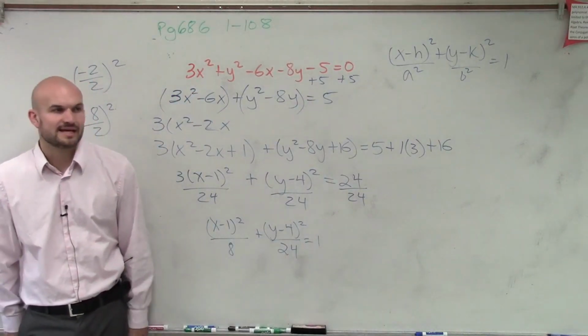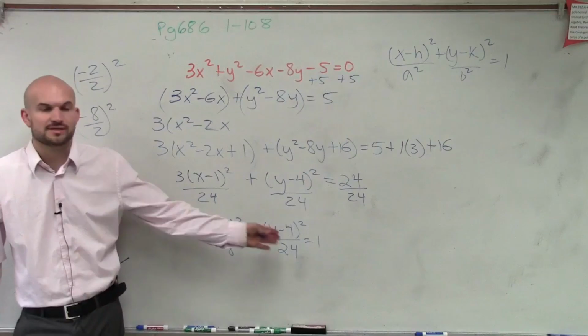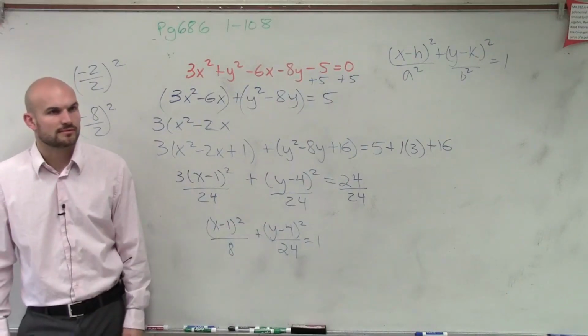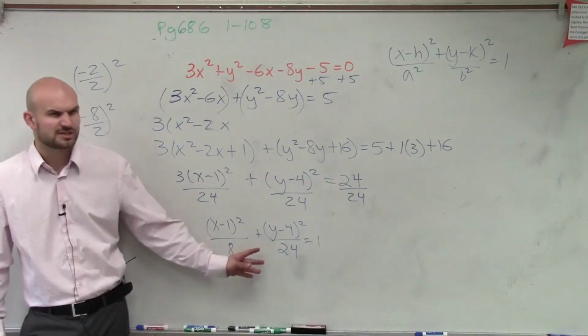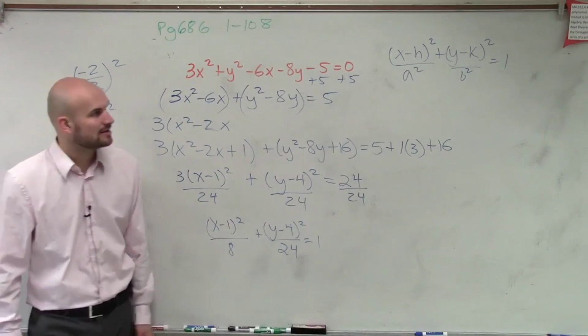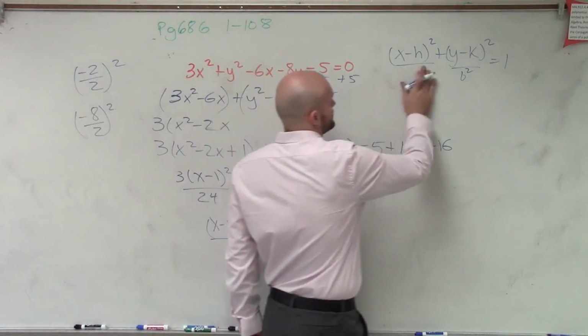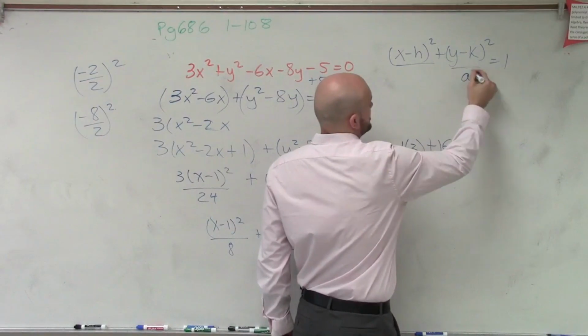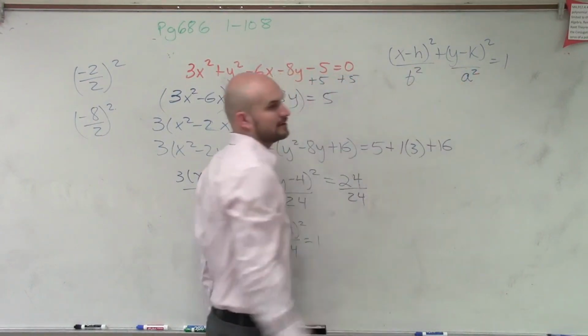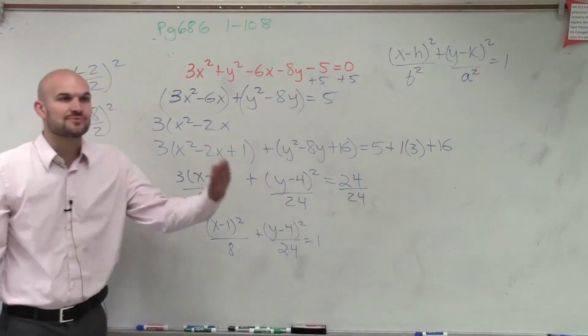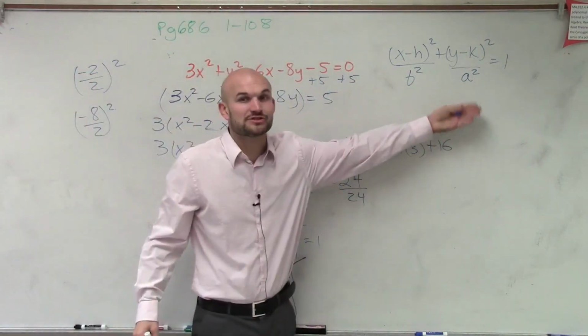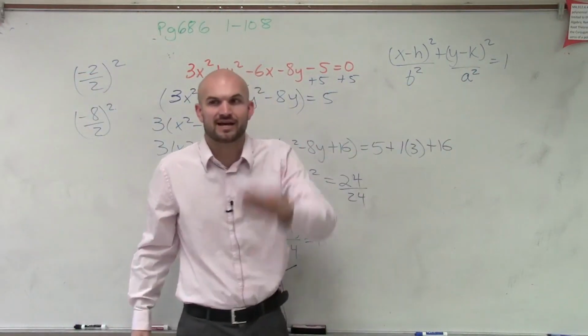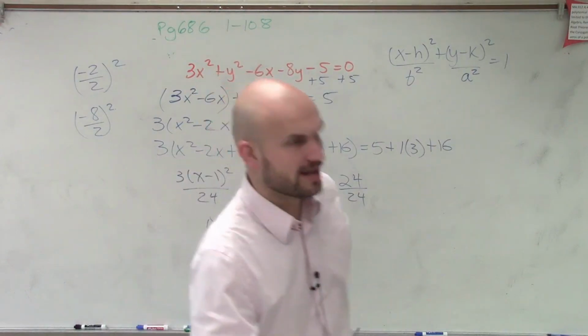So now you can see, what is the larger of my two denominators? 24 or 8? What's the larger number? 24. So my a squared is going to be under my y, and my b squared is under my x, which tells you if your a squared, which is your largest term, is under the y, you're going to have a vertical ellipse, right?